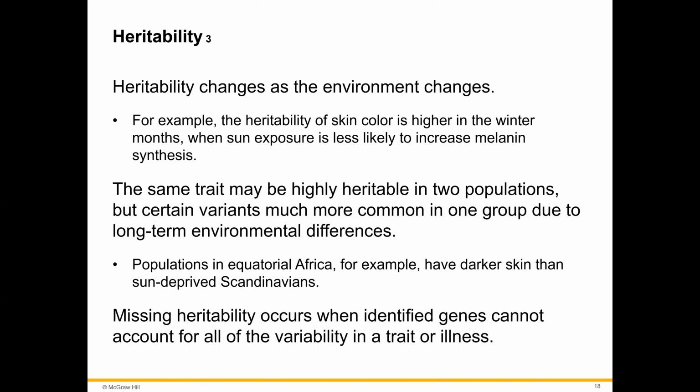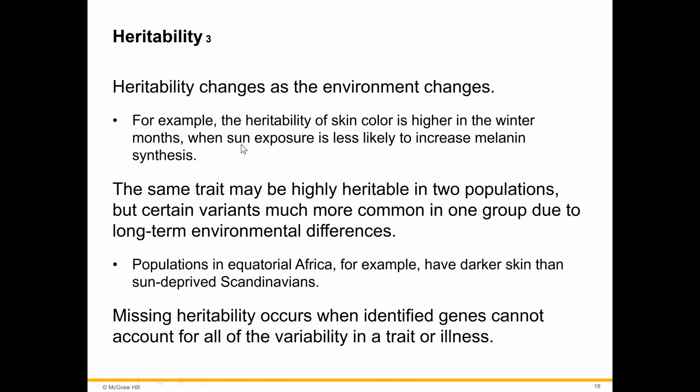Let's say we're looking at two sisters or two brothers and their skin color in the winter months. Now we know their skin color differs only because of their genes. But then we go to the summer months, and one sister might be on the beach more often, and another one stays home and studies genetics all day long. Then the heritability decreases because now the difference in their skin color is mostly due to environment, not to genes.